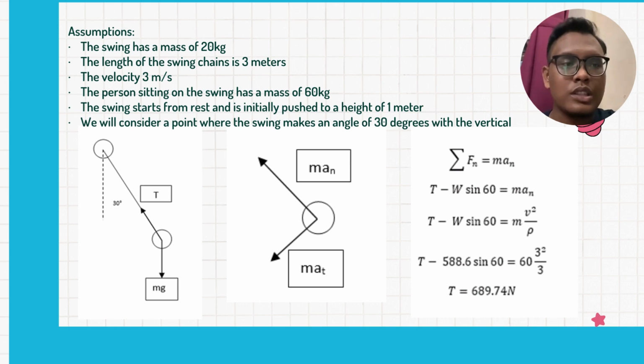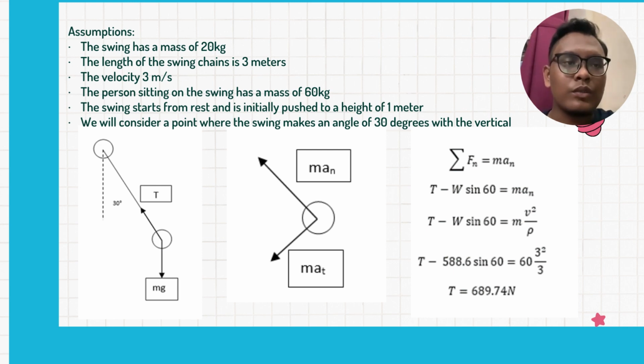The next situation is when we want to swing the swing, we pull it at some angle so we can swing. So in that situation, firstly we draw the free body diagram.